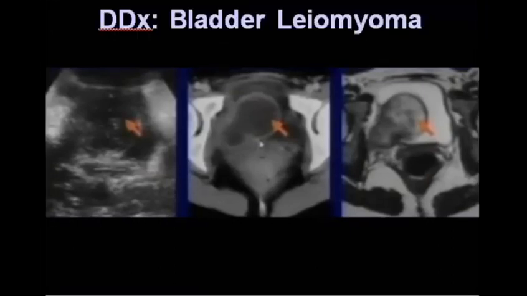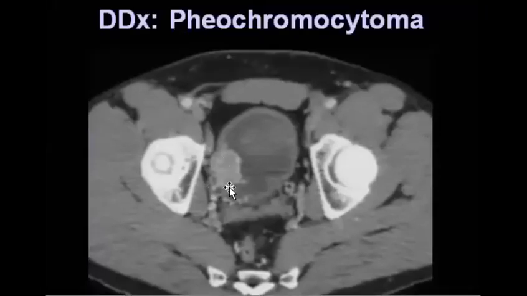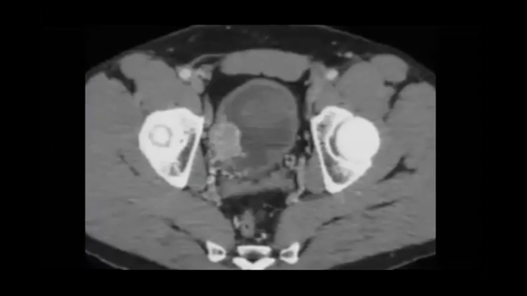Okay, again, something very rare to know is that it can also include pheochromocytoma. And as Ala mentioned, it is avid to contrast, so you can imagine it is a vascular tumor, related to paragangliomas. Perfect.